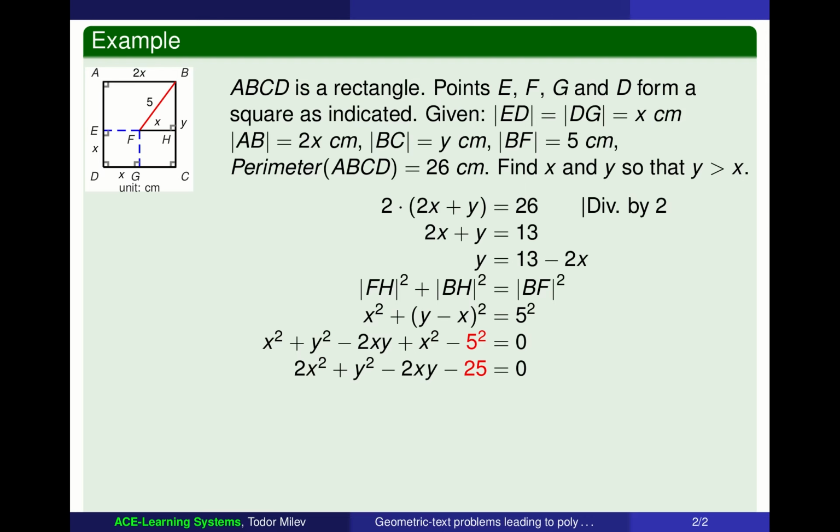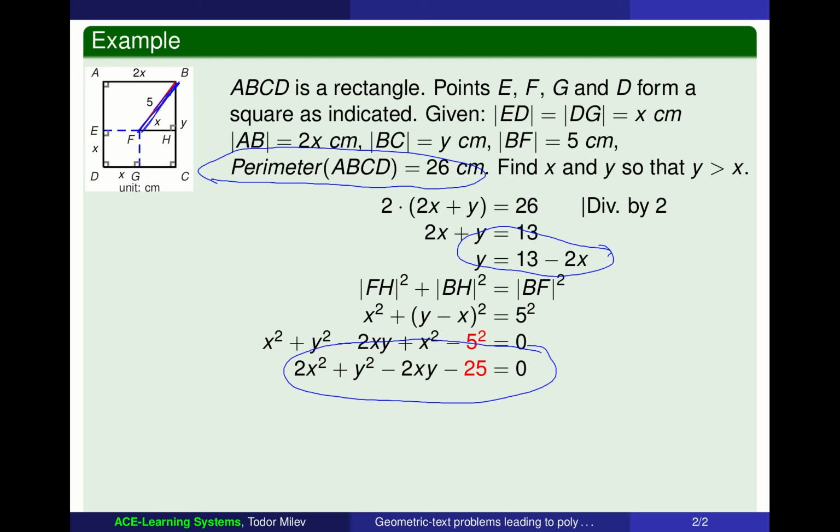Okay. Now, let's see what has happened so far. Using the conditions for the perimeter of my rectangle, I was able, in the start of the problem, to establish that y is equal to 13 minus 2x. And using now the conditions on this segment BF, I was able to establish the second relationship between y and x.